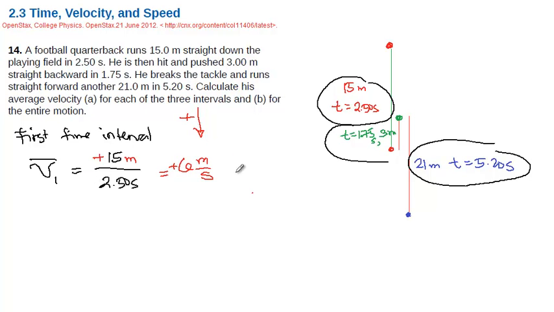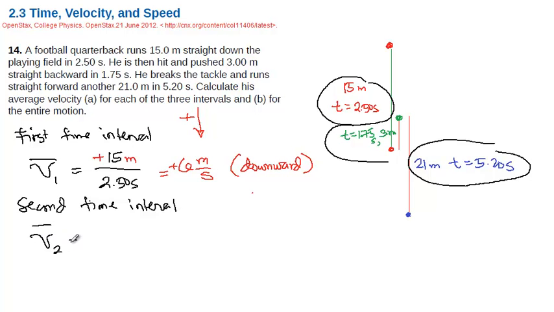The positive means it's downward. We are assuming here that positive means downward. For the second time interval, he is pushed back, so we're expecting a negative velocity here. So v2 will be: he is moving opposite to our assumed positive direction, so for the 3 meters we put a negative.